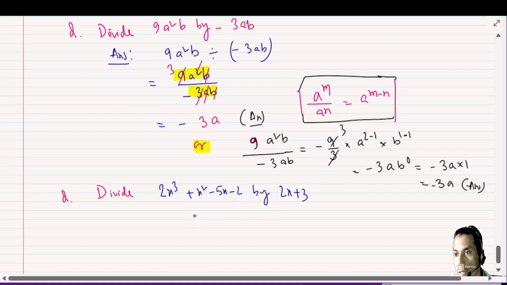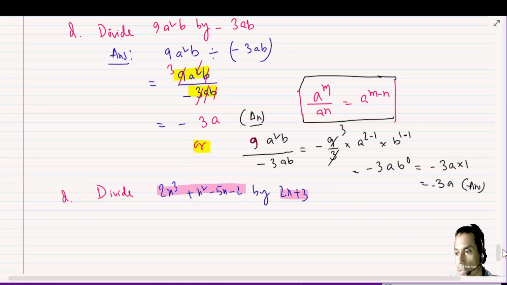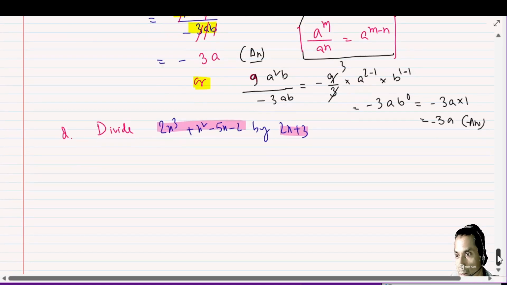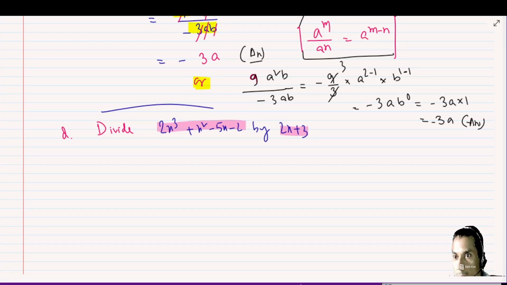So how can you do that? This is the question. The two expressions are given for the division. So you follow this method.